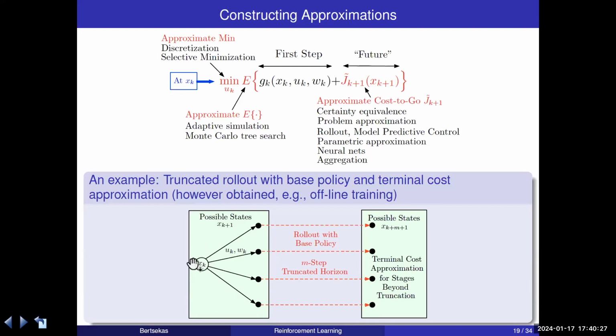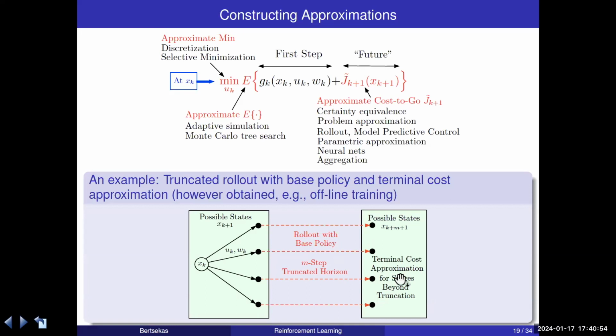At a given state, I calculate all the possible next states, both for a deterministic context and a stochastic context, all the states xk plus 1 that can happen. Then you roll out with some base policy for a number of steps, m steps, a truncated horizon, and then you take a cost function approximation to approximate the cost of the remaining stages.